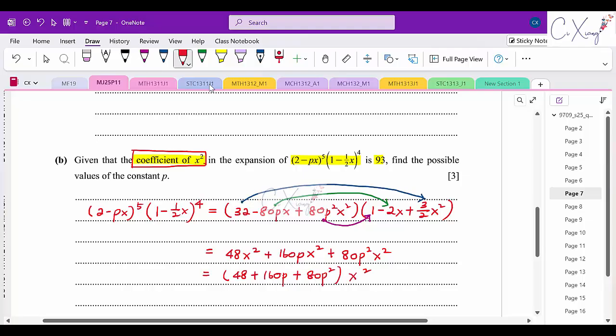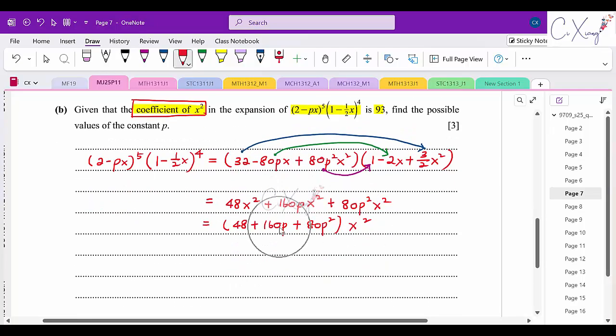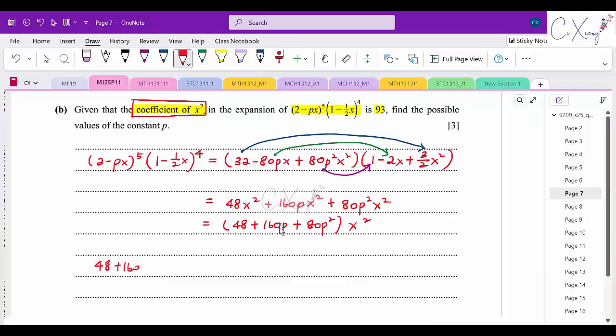Alright, in this question, because they told us that the coefficient of x squared is 93. Coefficient means the number in front of the x squared. Yeah? So you can see the number in front of the x squared is this one, this bracket here. I will let 48 plus 160p plus 80p squared, these are the coefficient of the x squared, and it is equal to 93 according to the question.